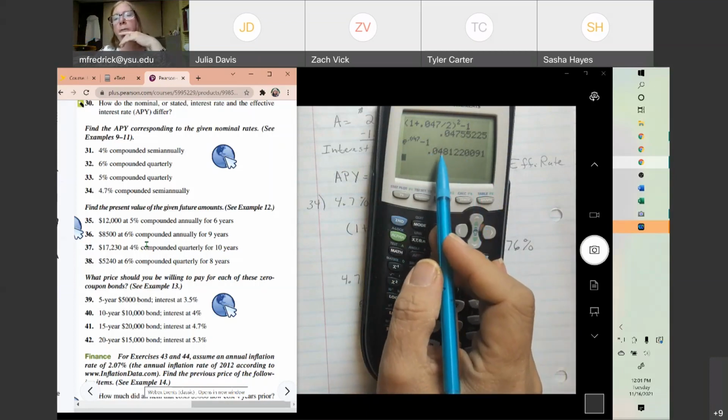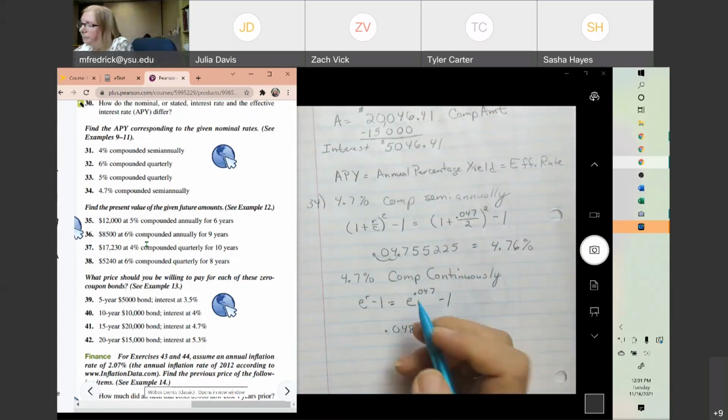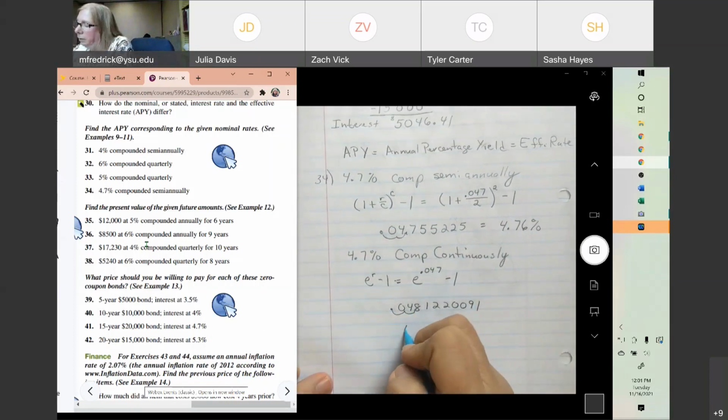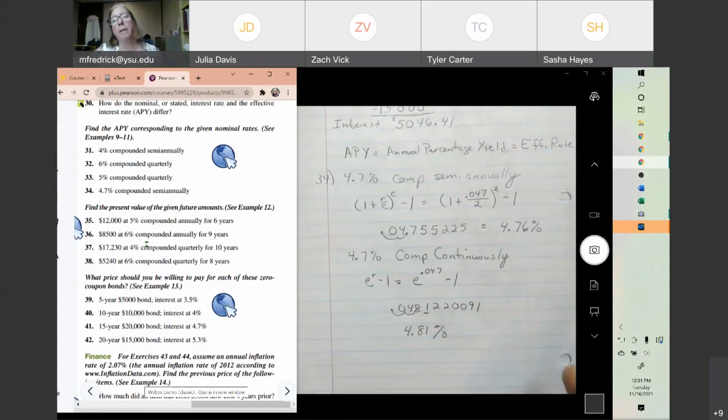And we're going to move it over to between the 4 and the 8, because we need to multiply by 100. And then if we're rounding to the 100th, it would be here, so 4.81%. 4.7% compounded continuously is like 4.81% in a year.